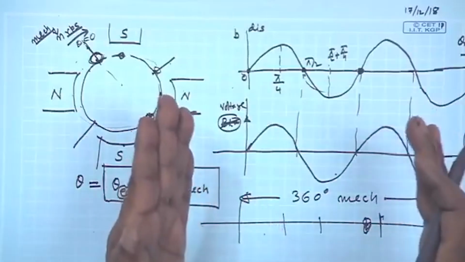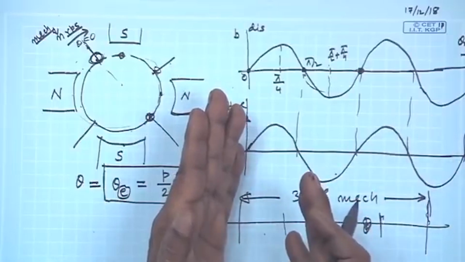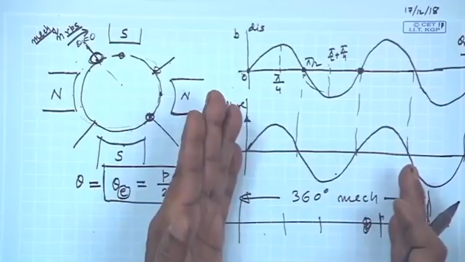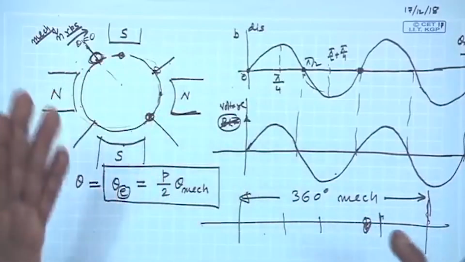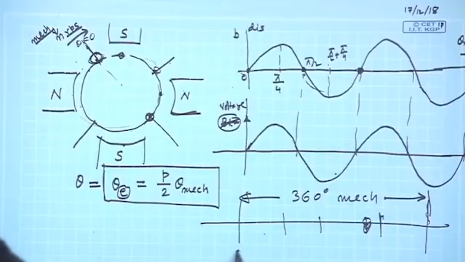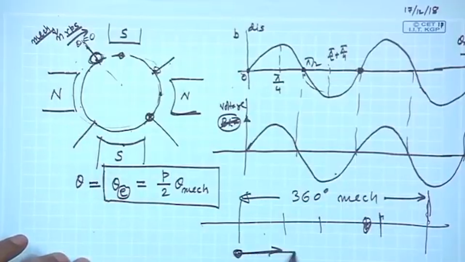That is, over the same 360 degrees mechanical, I have now squeezed in pairs of poles, north south, south north, south north. And therefore, any conductor moving, it does not mind whatever you have done, the conductor moving will only see, oh, I was now under the south pole, sinusoidal.